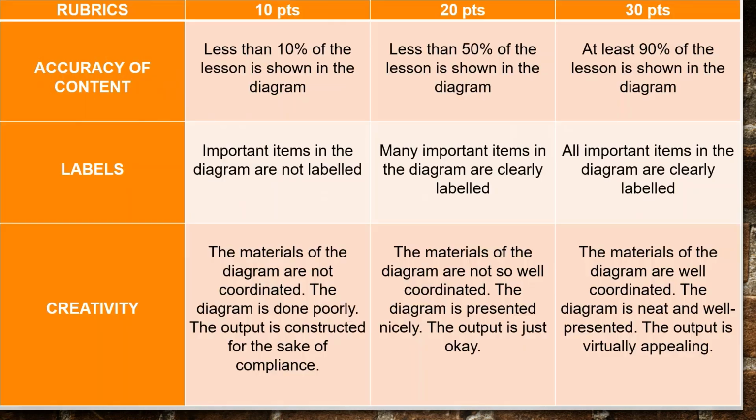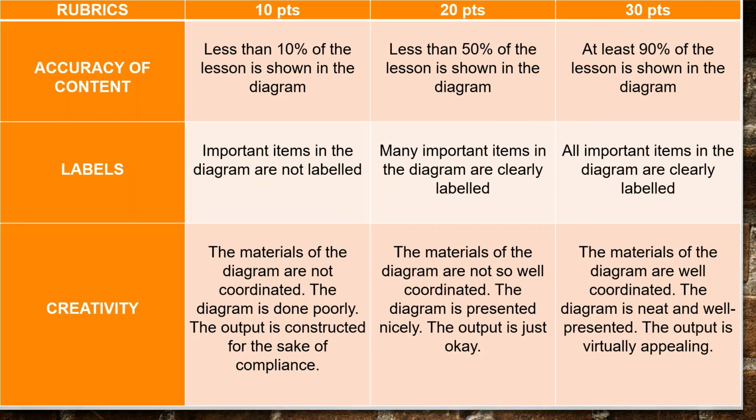In giving grades for your output, these rubrics will be followed. There are 3 criteria: accuracy of content, labels, and creativity. For accuracy of content, 10 points if less than 10% of the lesson is shown in the diagram, 20 points if less than 50% of the lesson is shown, and 30 points if at least 90% of the lesson is shown in the diagram.